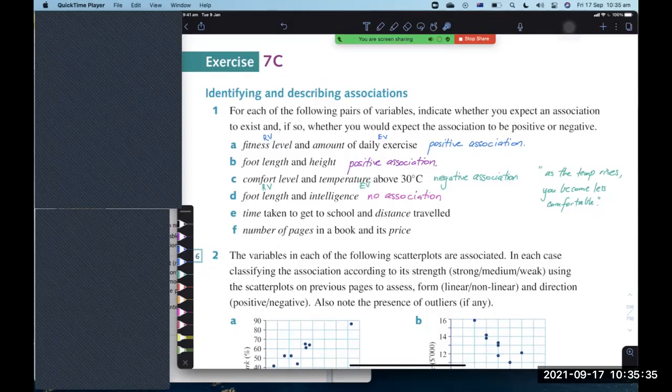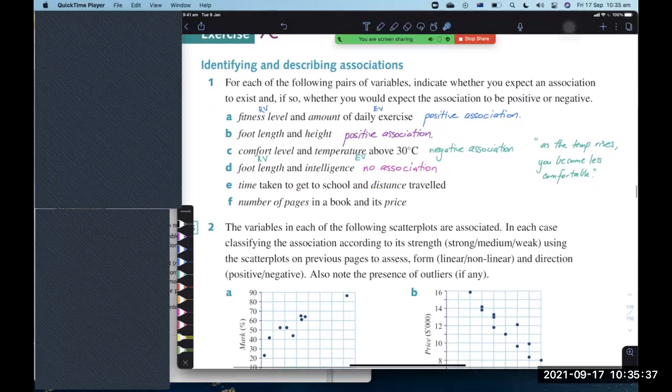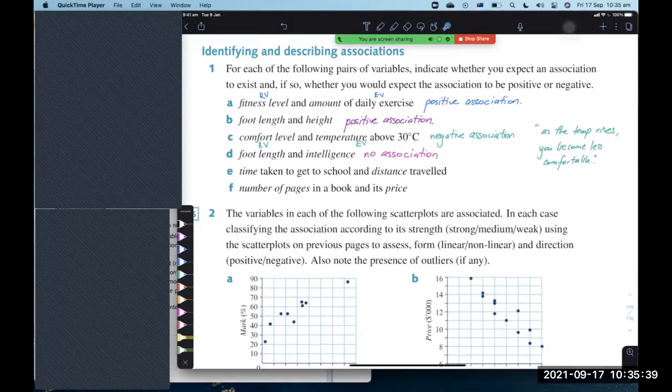Time taken to get to school and the distance traveled. So the further you travel, is it more or less time? There is an association, that's correct, Maddie. But is it positive or negative? Positive, because notice the wording here, right?